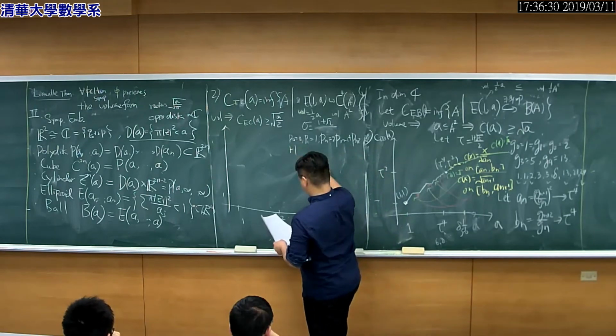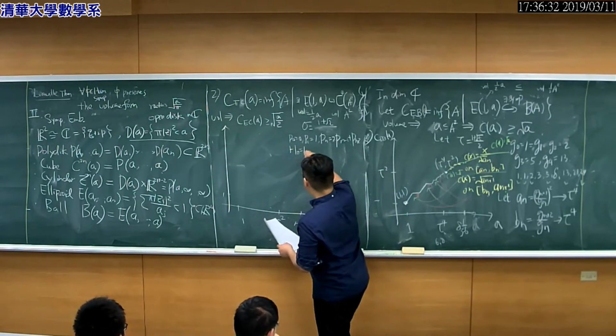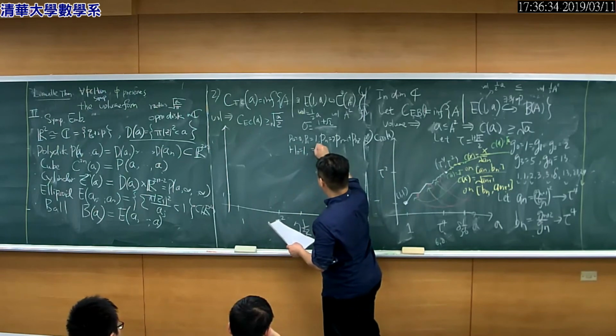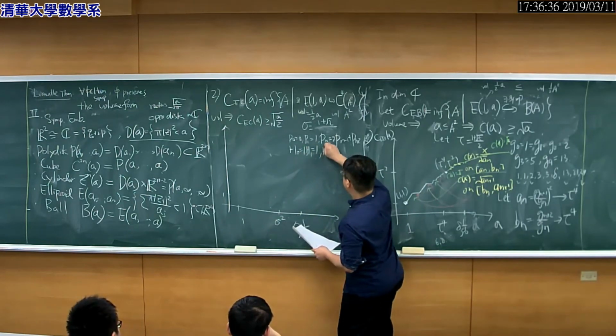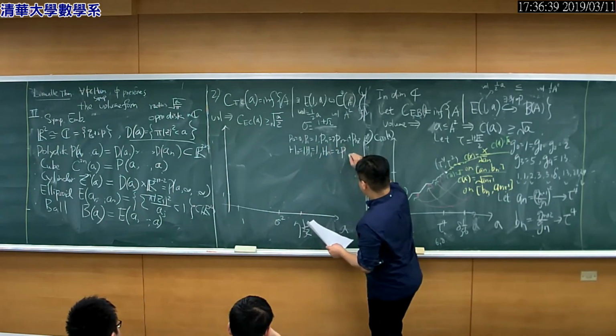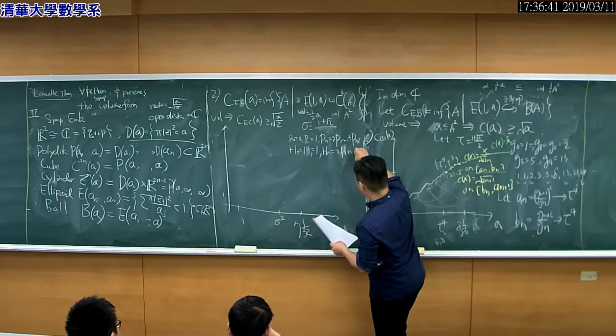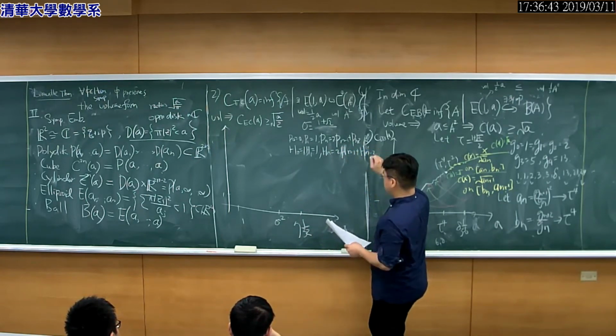And let's say H is just an auxiliary one. We start from H0 equals 1 and H1 equals 1, and Hn follows the same rule, Hn minus 1 plus Hn minus 2, okay?